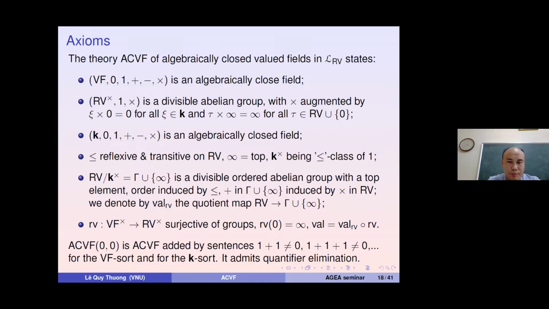But if you want to mention the characteristics, you can add some sentences like this, and we have infinitely many sentences: 1 plus 1 different from 0, 1 plus 1 plus 1 different from 0, and so on, for the VF sort and for the K sort.